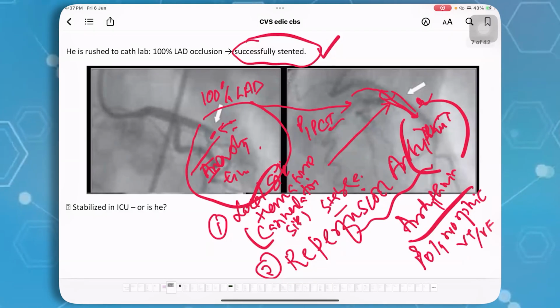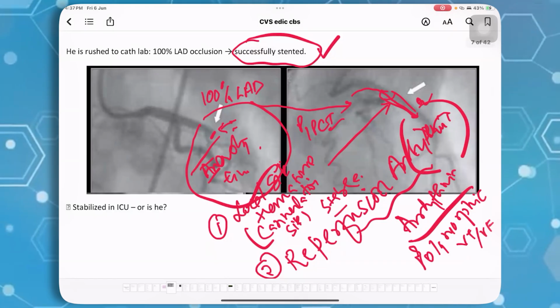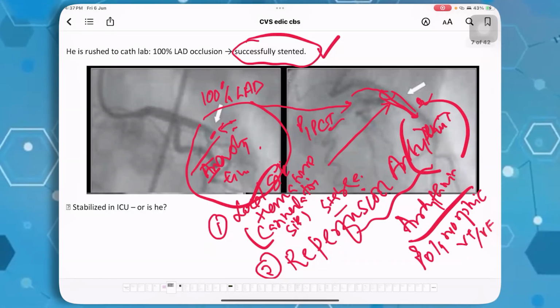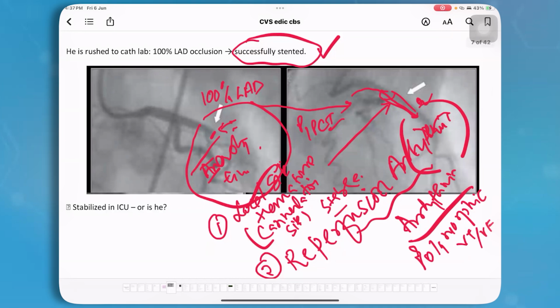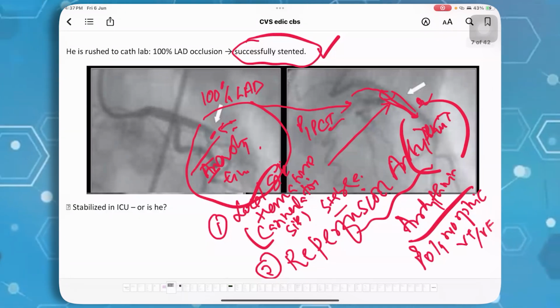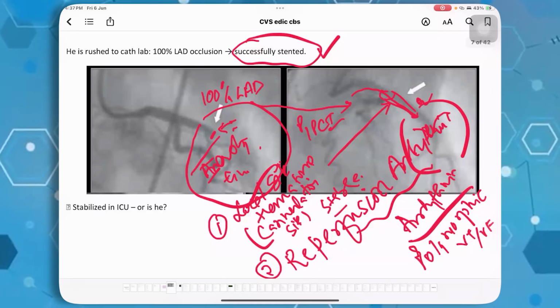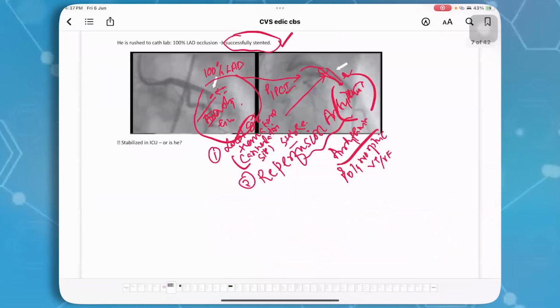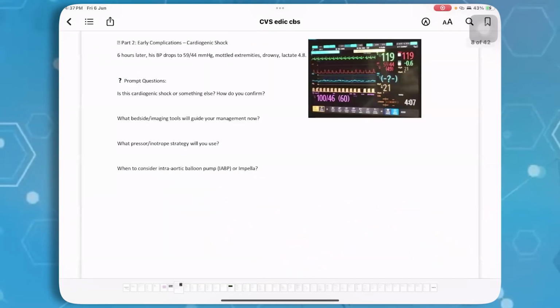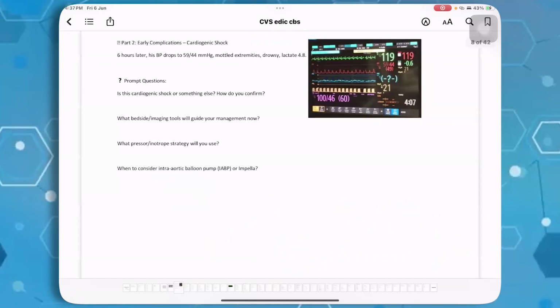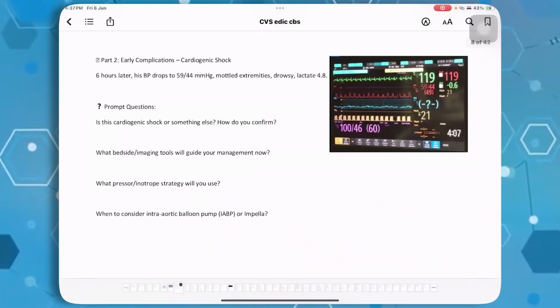You've saved the patient in the emergency, you have built up this patient, you've taken them to the cath lab, you opened up the blood vessel, and then you lose the patient secondary to a ventricular tachycardia, polymorphic VT, or a ventricular fibrillation. Now this patient was shifted to the ICU, and this is what has happened.